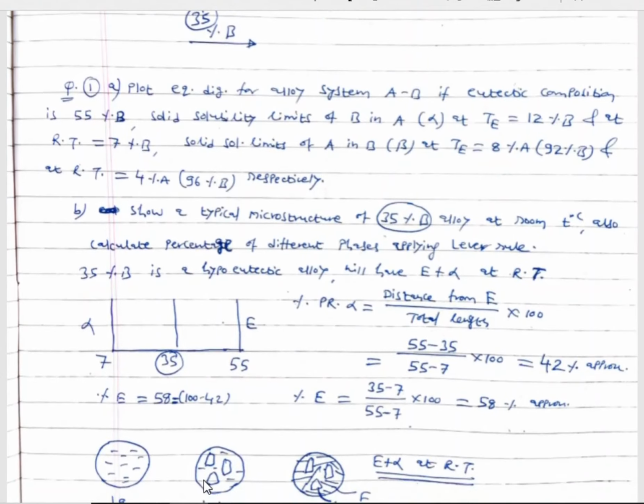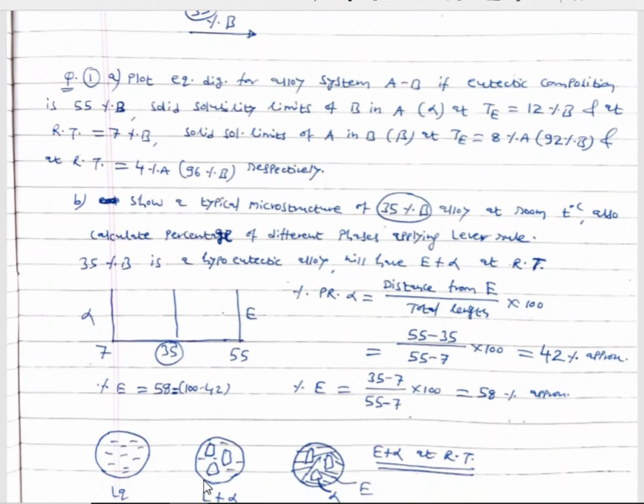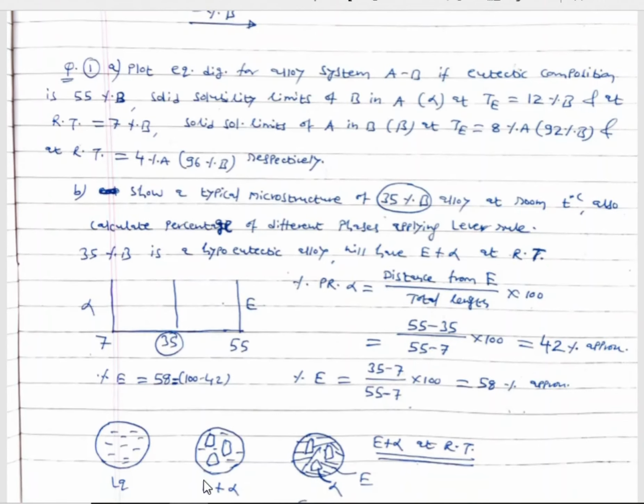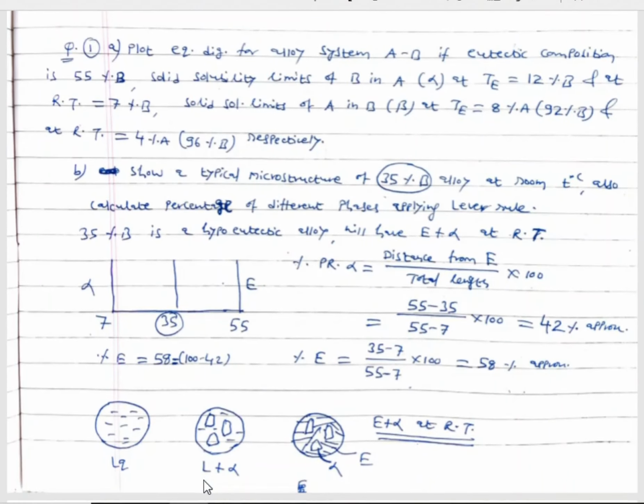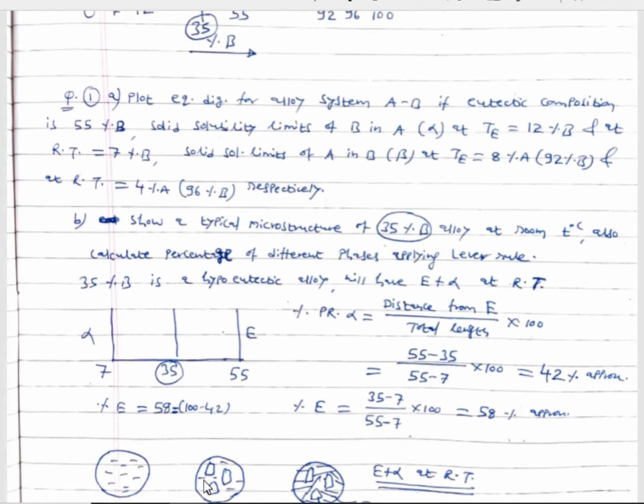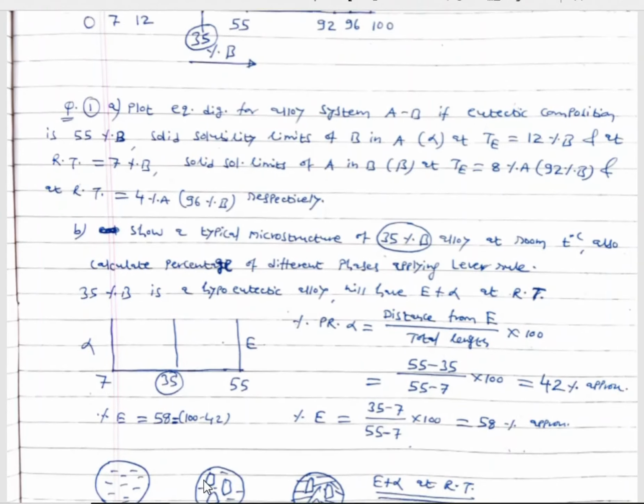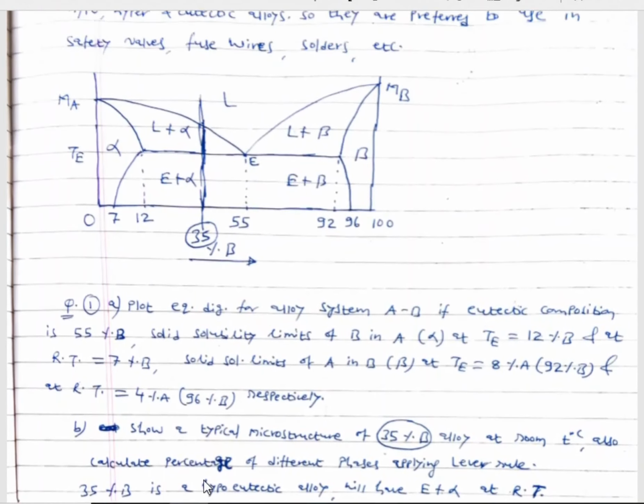Now, as far as the question of microstructure is concerned, at 100% liquid the solidification will just begin, then L plus alpha will be obtained. This is the condition of structure between the liquidus point and eutectic temperature.